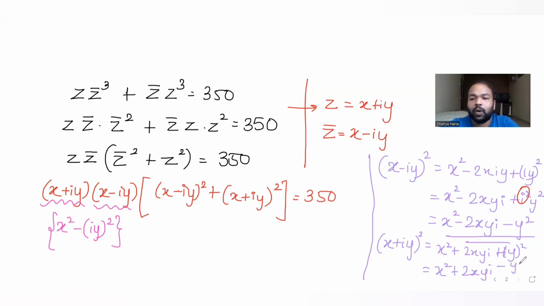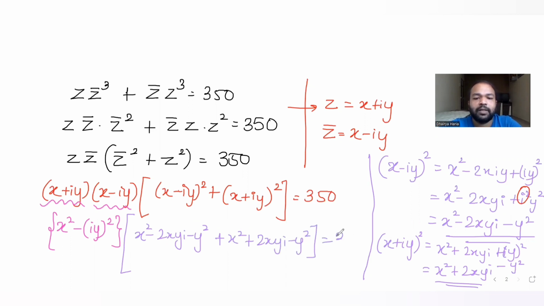Now we have both of these terms. Let's put that: x square minus 2xyi minus y square, plus x square plus 2xyi minus y square. Here minus 2xyi plus 2xyi gets cancelled out.